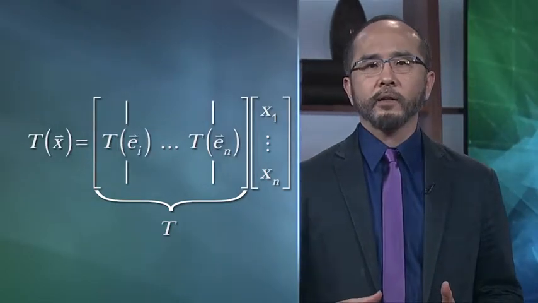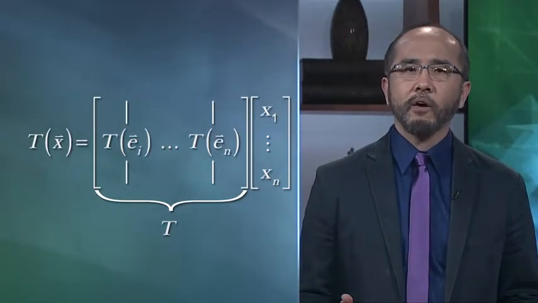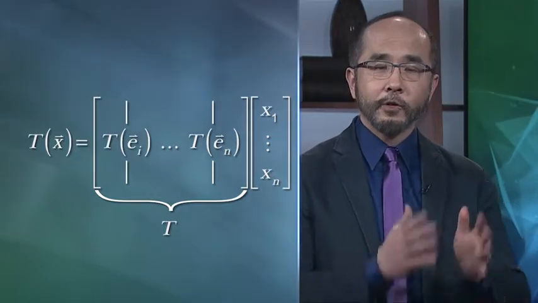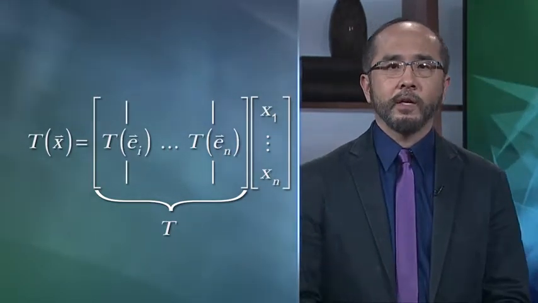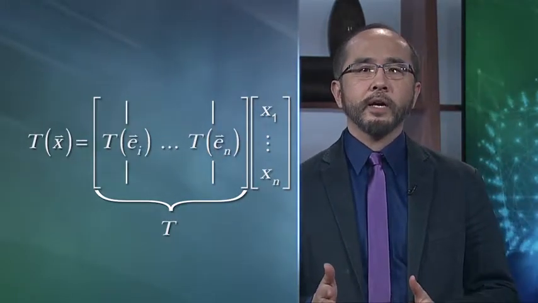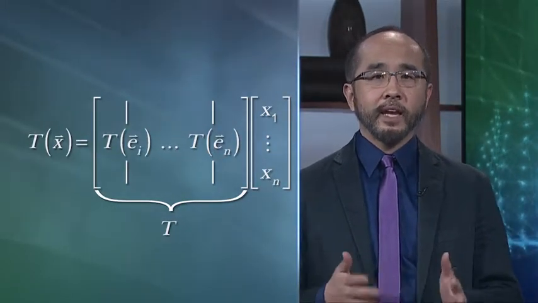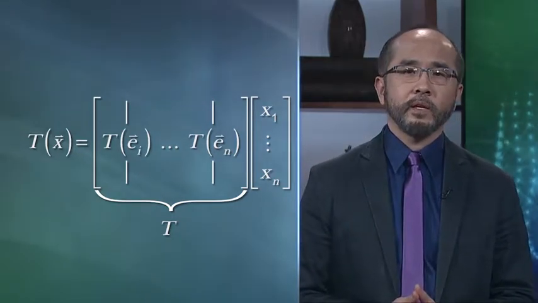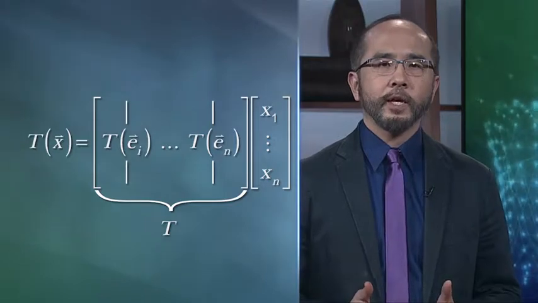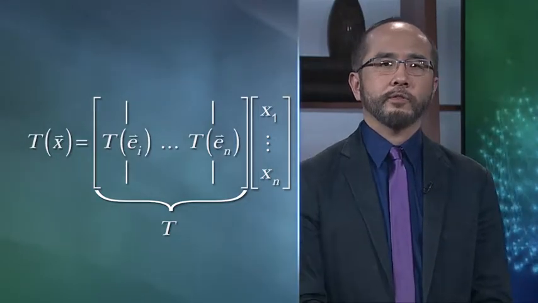And to find the matrix that represents T, all you have to do is create a matrix whose columns are the transformed basis vectors. In other words, the matrix records what it does to the standard basis vectors in its columns. Looking at the columns shows you what the matrix is doing to the standard basis vectors.